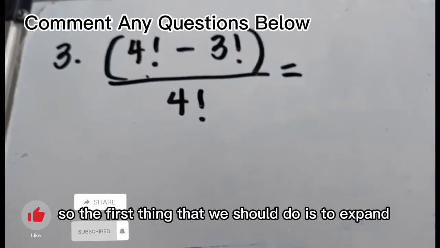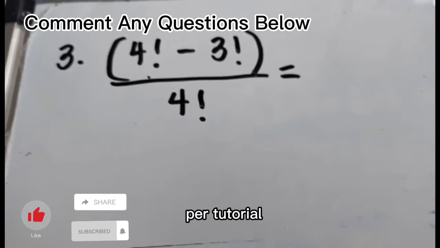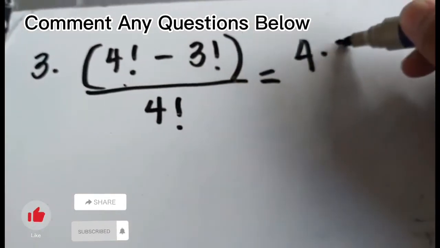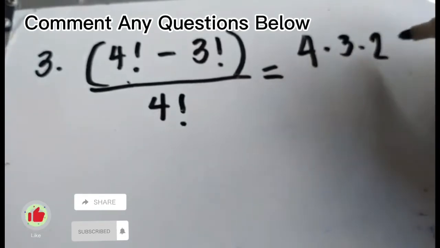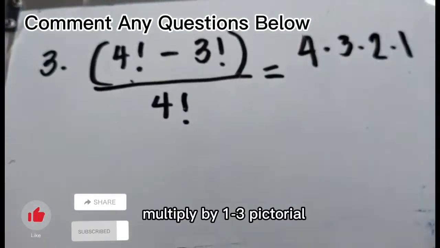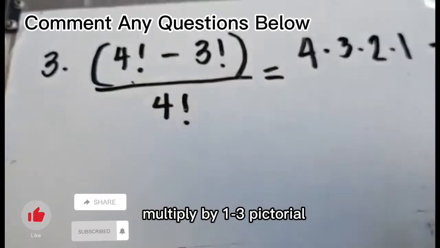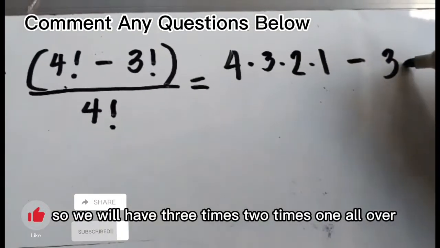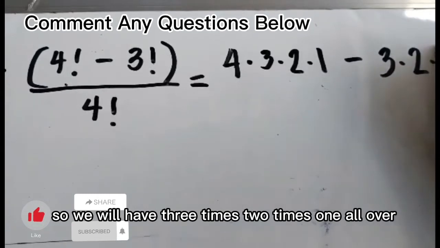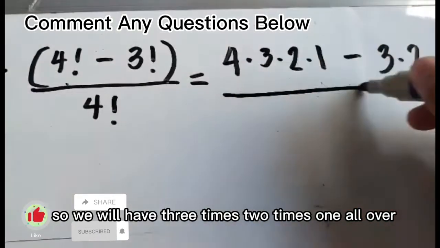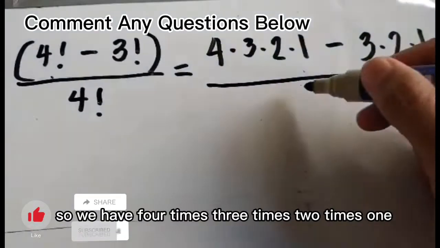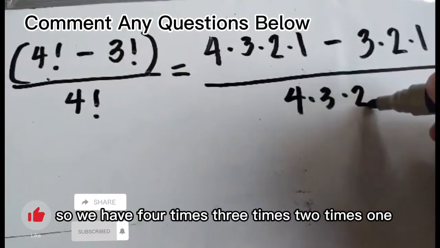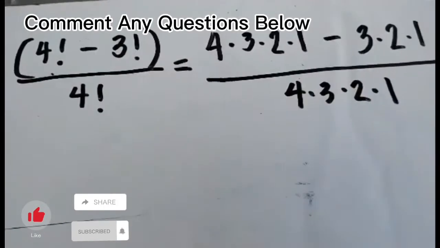The first thing that we should do is to expand 4 factorial. We have 4 multiplied by 3 multiplied by 2 multiplied by 1 minus 3 factorial, which is 3 times 2 times 1, all over 4 factorial, which is 4 times 3 times 2 times 1.